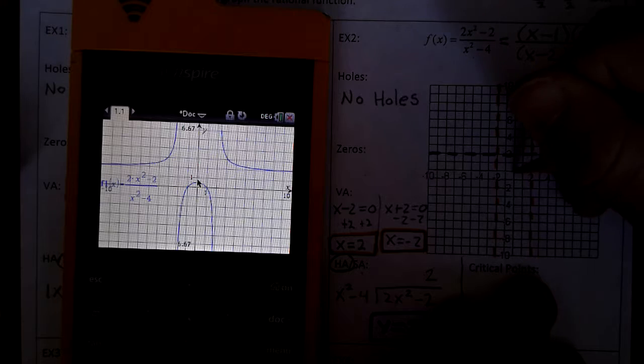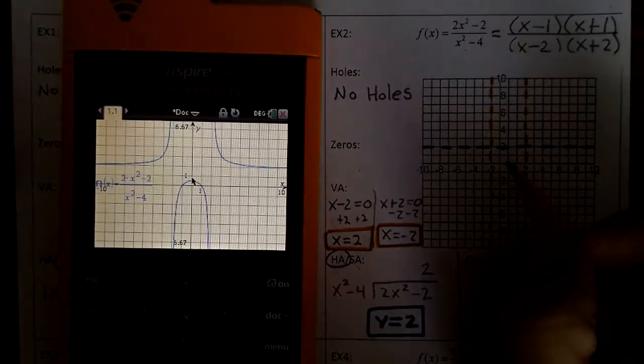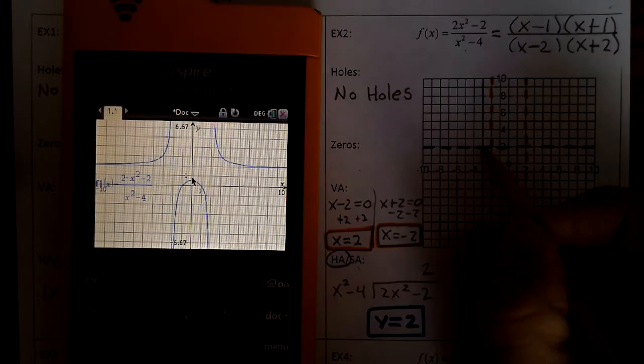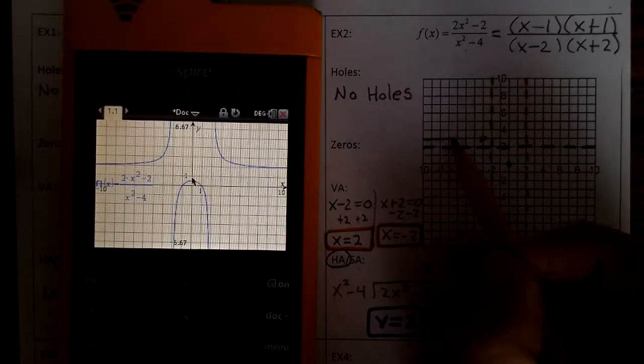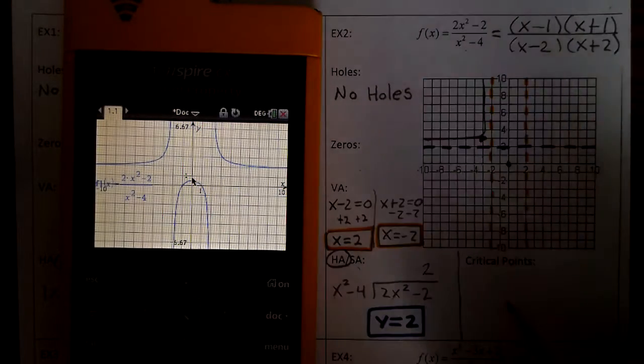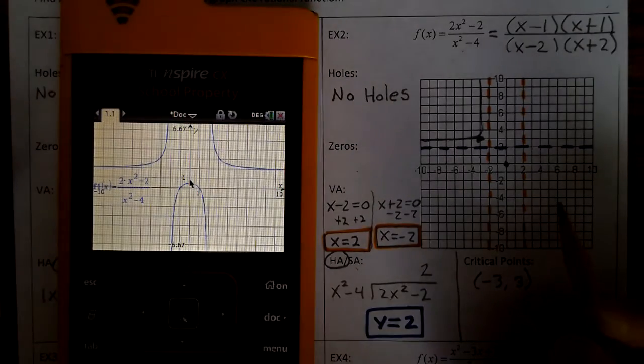And we can see from our graph that a curve is right here. So that's one critical point, negative 3, 3. Now here it looks like we have 2 points that we can use, negative 1, 0 and 1, 0.